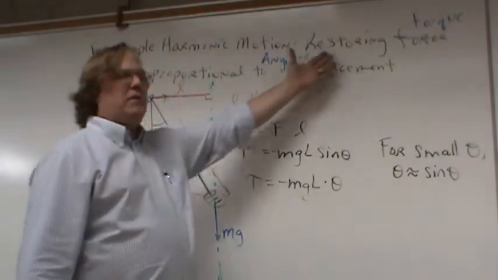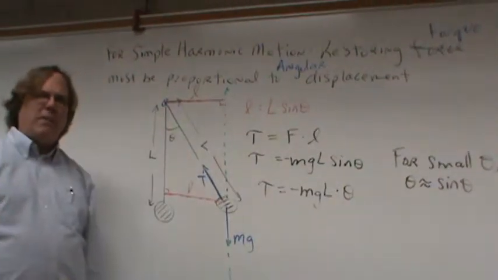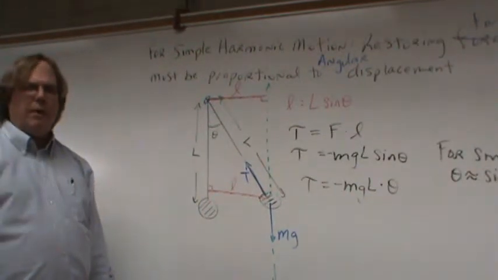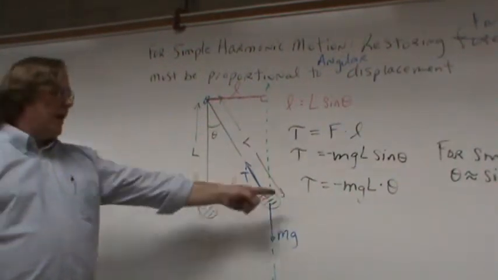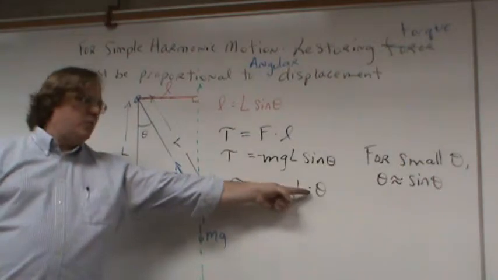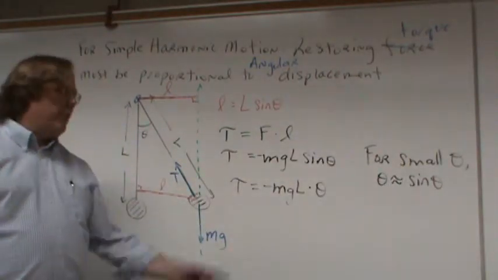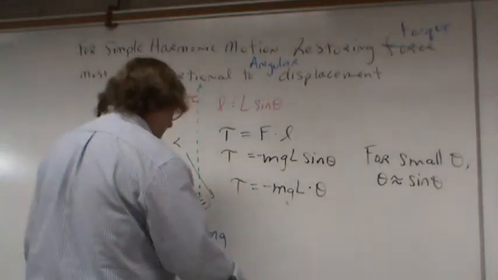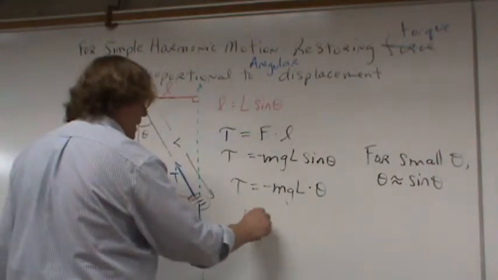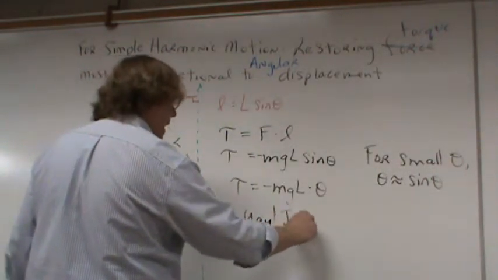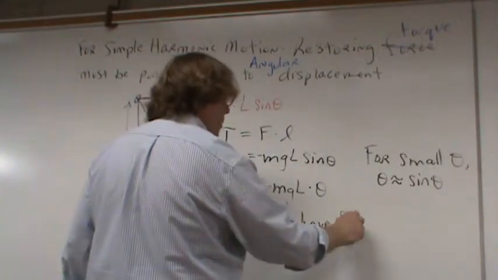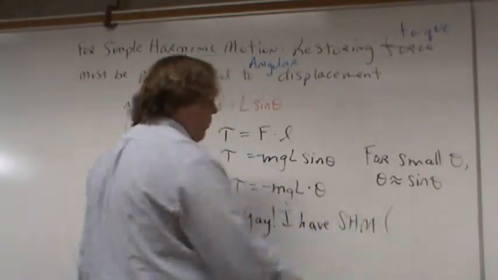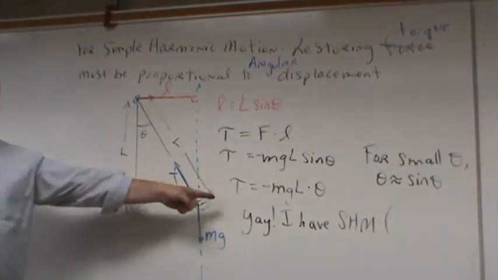And now I've satisfied my third requirement for simple harmonic motion. That is, I've got a restoring torque proportional to angular displacement. So I can actually write that down. I can go, yay, I have simple harmonic motion. But with one proviso. What has to be true about the angles?